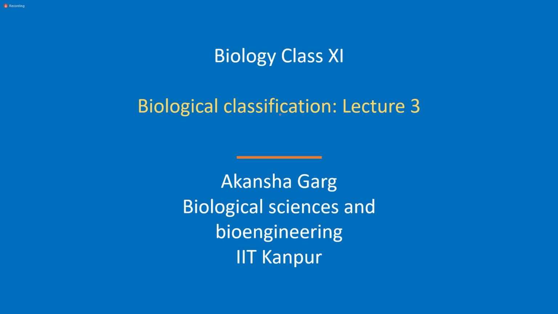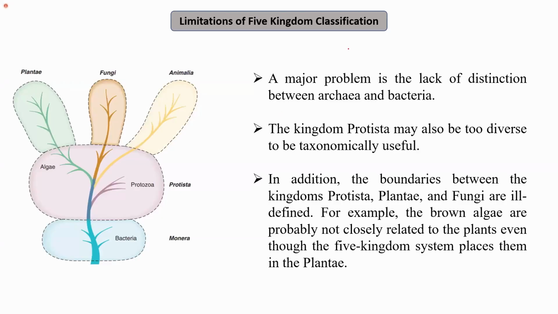So after the 5 kingdom classification, there were certain limitations that I would first like to highlight. A major problem was that it lacks the distinction between the archaea and bacteria. So the monerans, according to the 5 kingdom classification, include both bacteria and archaebacteria.